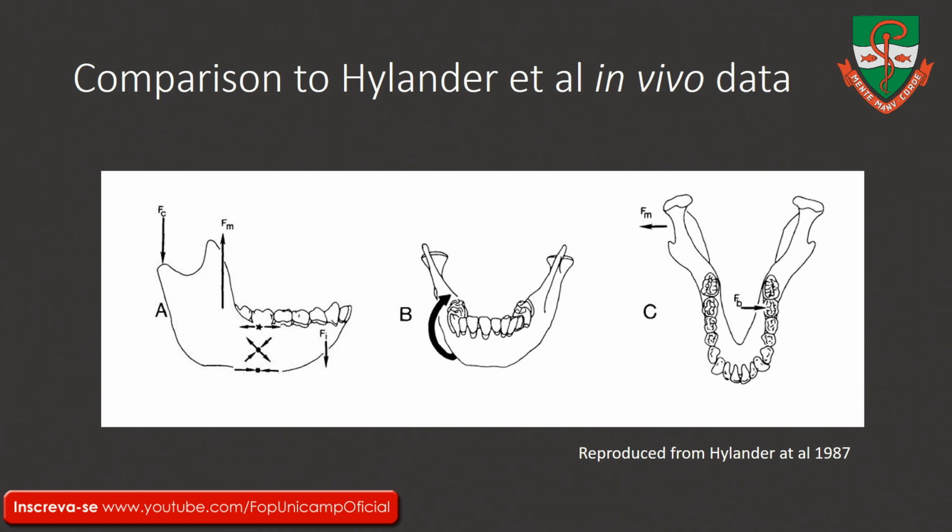Namely, the initial comparison that I'll be talking about today seeks to examine whether the deformation and strain regimes described by Hylander et al. in a macaque mandible are also observed in our FE models of the ape mandibles.